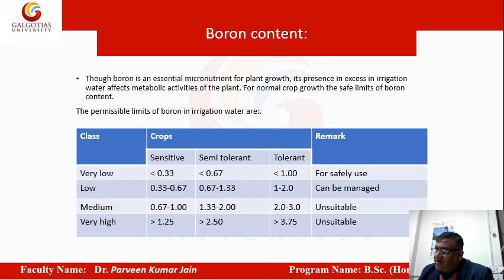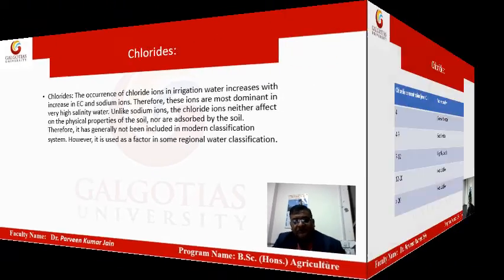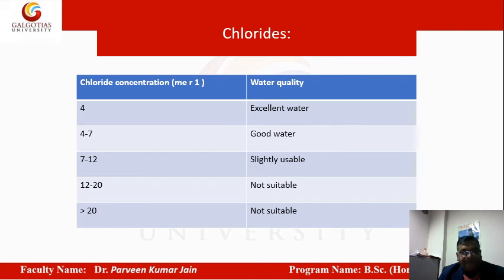If the chloride concentration is around 4, the water is good, but beyond 12 it is not suitable at all for irrigation purposes. This is the effect of chloride concentrations on water quality.